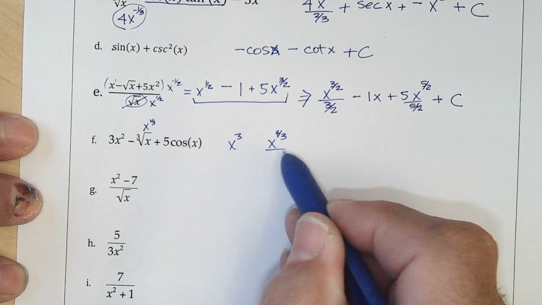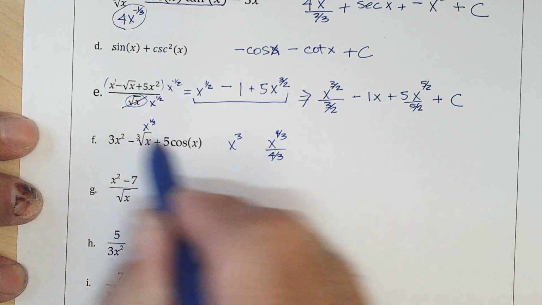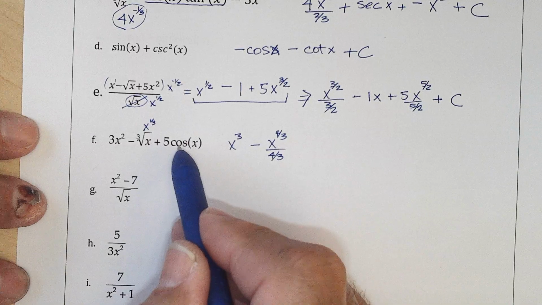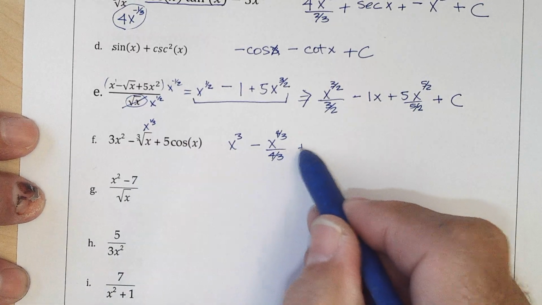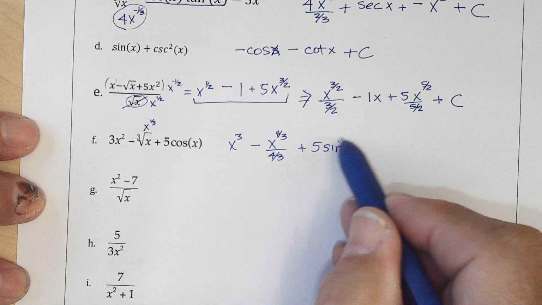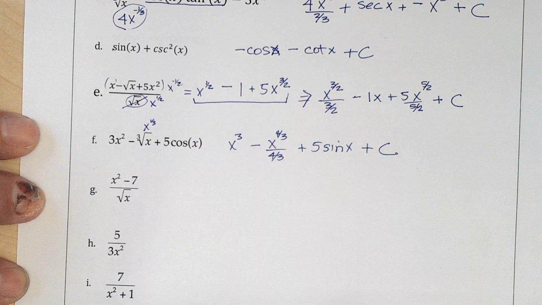And I'd have to divide by that new power, 4/3, or multiply by 3/4, and it's minus. And the derivative of sine is cosine, so this has got to be plus 5 sine of x, because the derivative of that would be cosine, would be this, plus c.